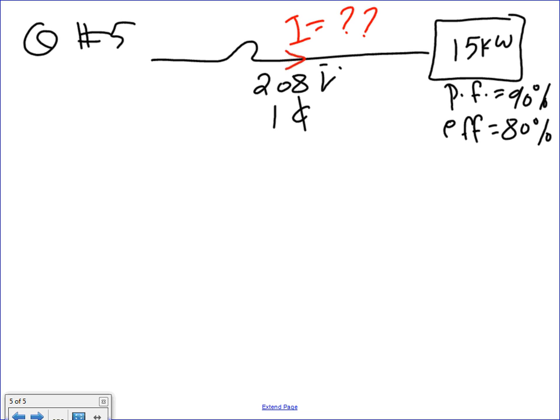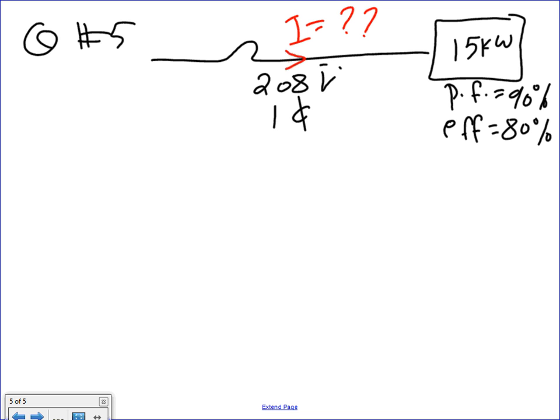I want you guys, if you have DeWalt, to go to 1-4, all the formulas that you need are in DeWalt 1-4. It's single phase, and I'm looking for amps when horsepower is given. We have kW, and this is very similar.